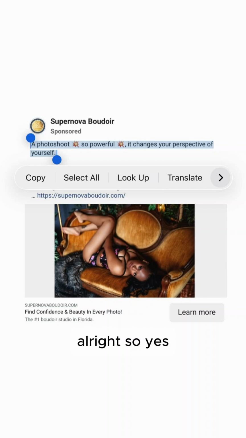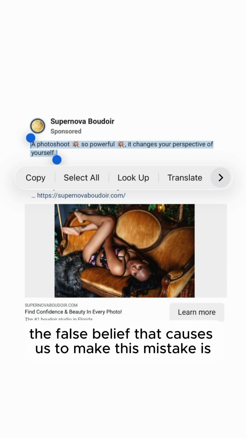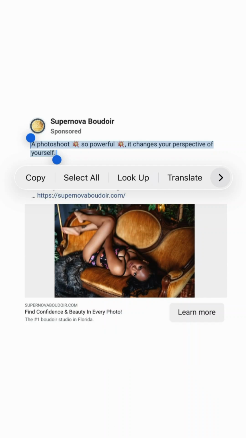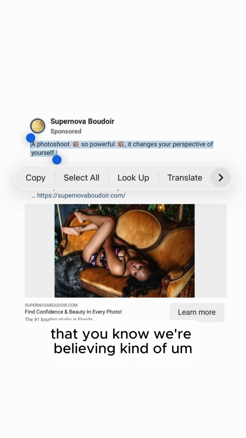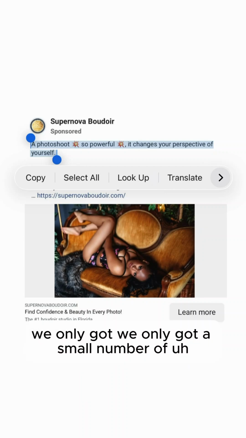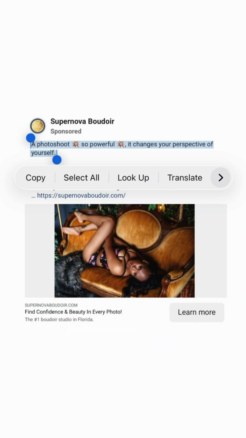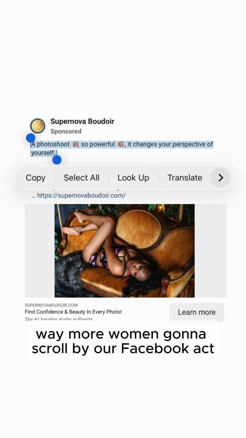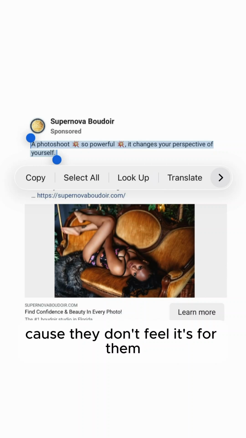All right, so yes, the lack of context mistake. The false belief that caused us to make this mistake is that we're believing kind of that we have enough context here, but it's not. We only got a small number of context points. But now the consequence of this is way more women going to scroll by our Facebook ad because they don't feel it's for them.